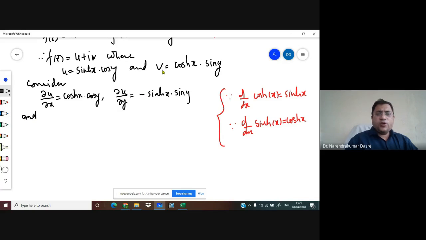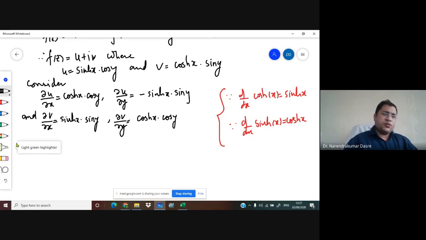Now we have to find the derivatives of the term v. The partial derivative of v with respect to x is sine hyperbolic x sine y, and the partial derivative of v with respect to y is cos hyperbolic x cos y.